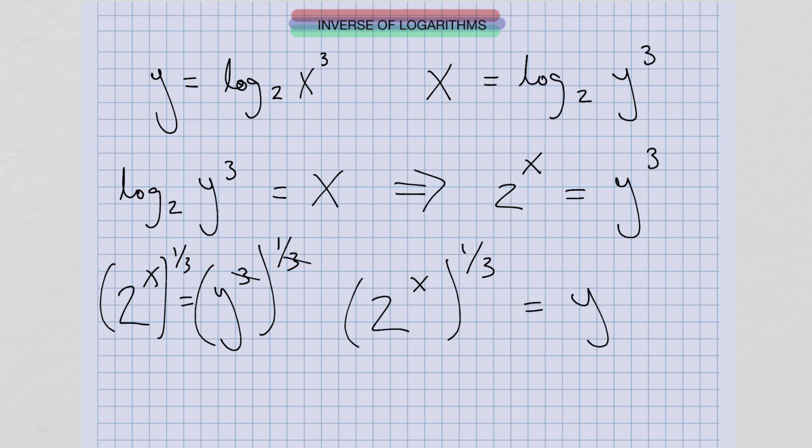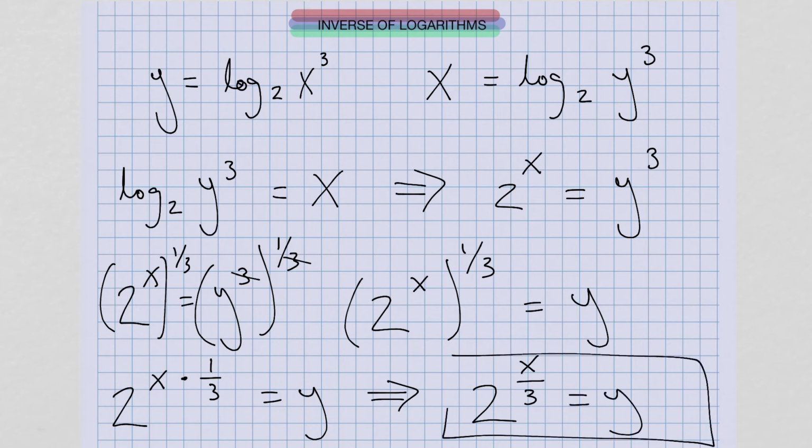Okay, now when you have something being raised to a power being raised to another power, you multiply those together. So what we have now is 2 raised to the x times 1/3 equals y. That equals 2 raised to the x over 3 equals y. And there's our answer. 2 raised to the x over 3 equals y.